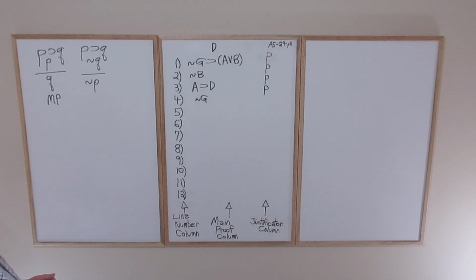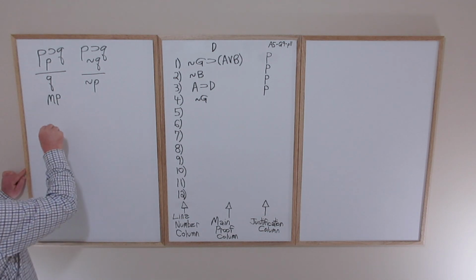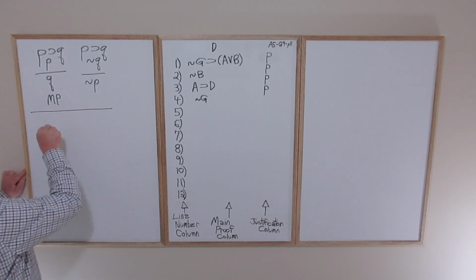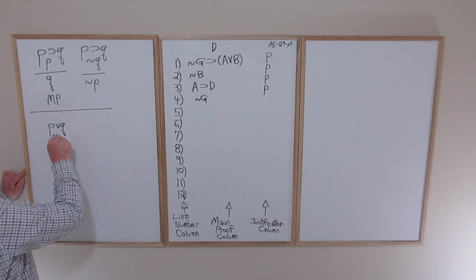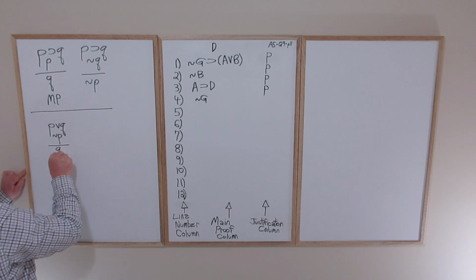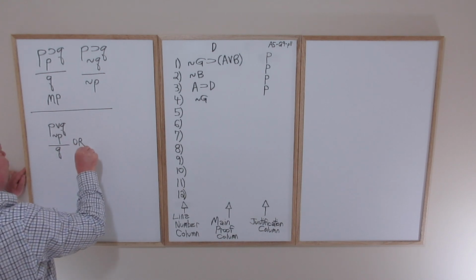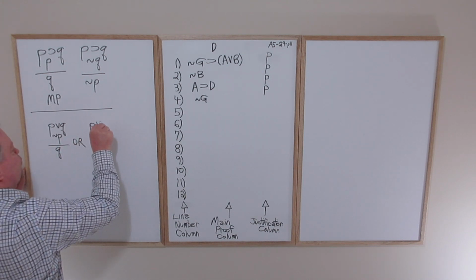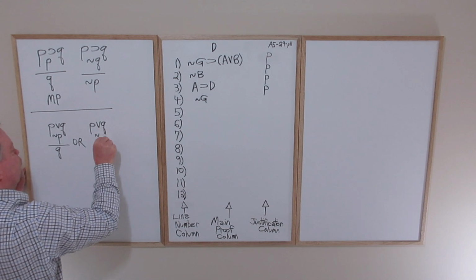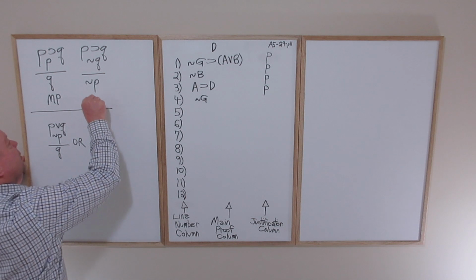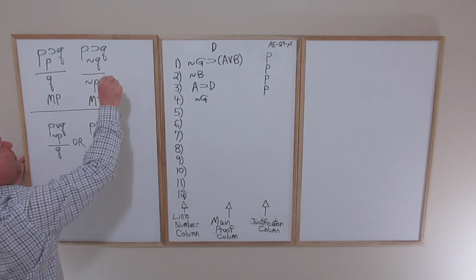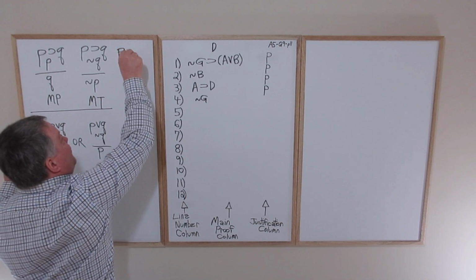Then we've got disjunctive syllogism. And finally, we've got hypothetical syllogism.